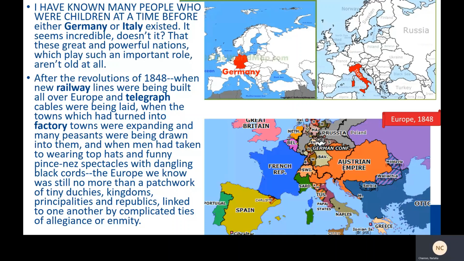He writes, "I have known many people who were children at a time before either Germany or Italy existed. It seems incredible, doesn't it, that these great and powerful nations, which play such an important role, aren't old at all.